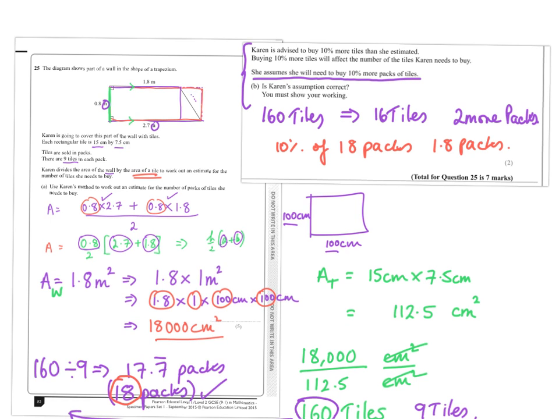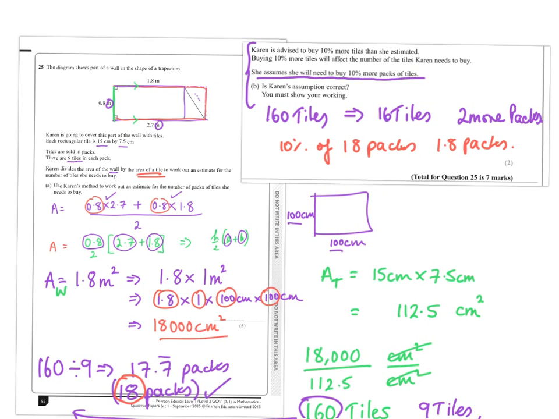So Karen's assumption is not correct, because if 1.8 packs is 10% more, because don't forget 18 was her estimate, 2 more packs would have to have been bought, and that is more than 10%. So 10% is only 1.8 packs, but she actually had to buy 2 more packs, didn't she? So her assumption is not correct.